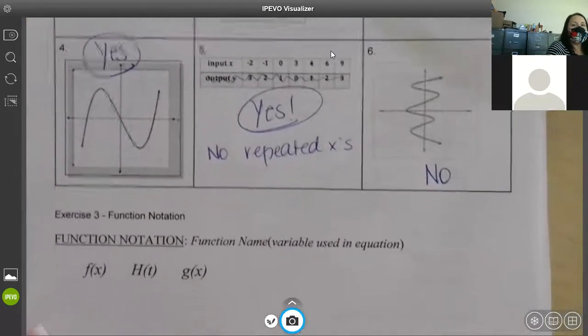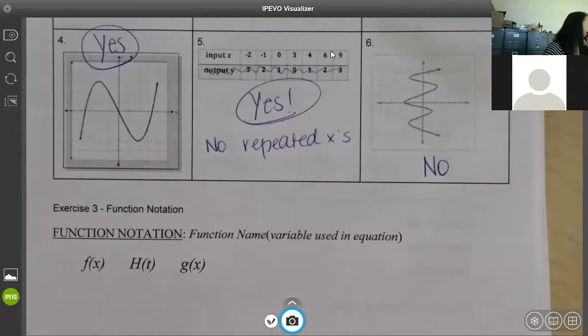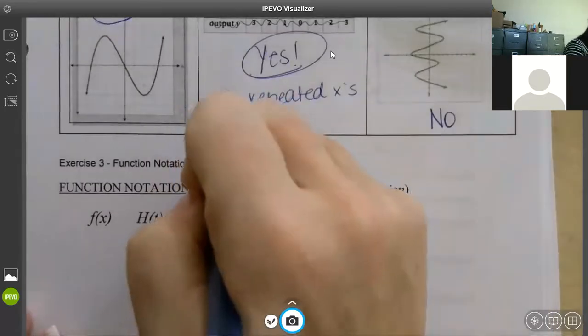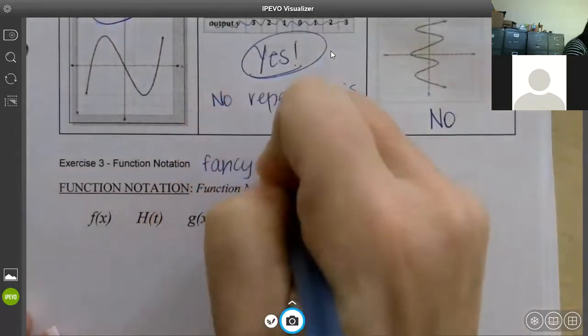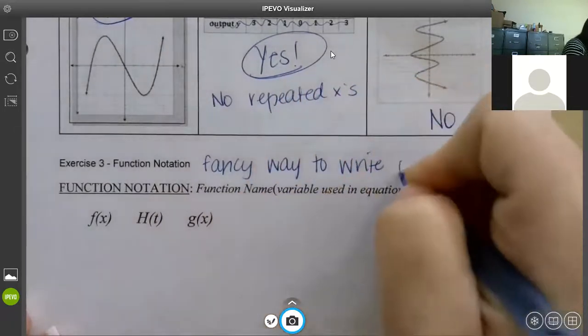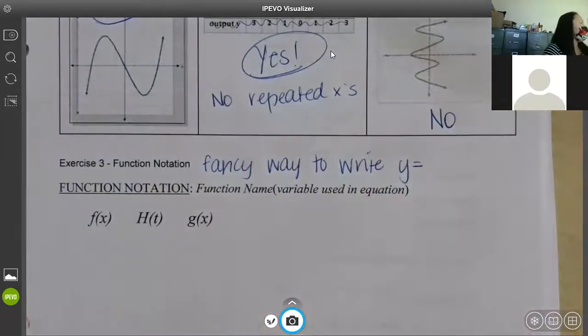All right. So then these last ones are usually the ones that people have trouble with. So function notation is just a fancy way to write y equals, so don't freak out about that. And I'll explain why they write it as f of x. It's a function of x.